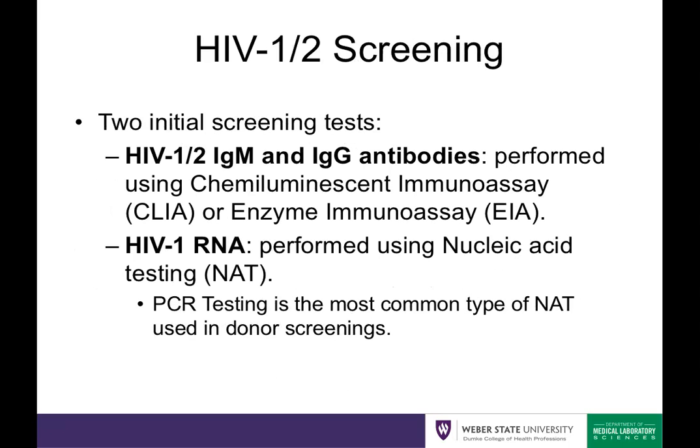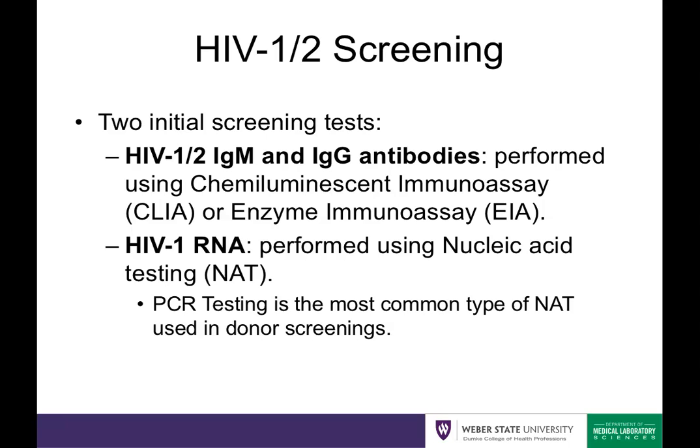There are 2 initial screening tests for HIV. The first is searching for HIV antibodies, so both IgM and IgG antibodies for both types, HIV 1 and 2, and that is performed using a chemiluminescent immunoassay or an enzyme immunoassay. The second screening test is looking for RNA for the HIV 1 antigen, and that is performed using nucleic acid testing, or NAT.